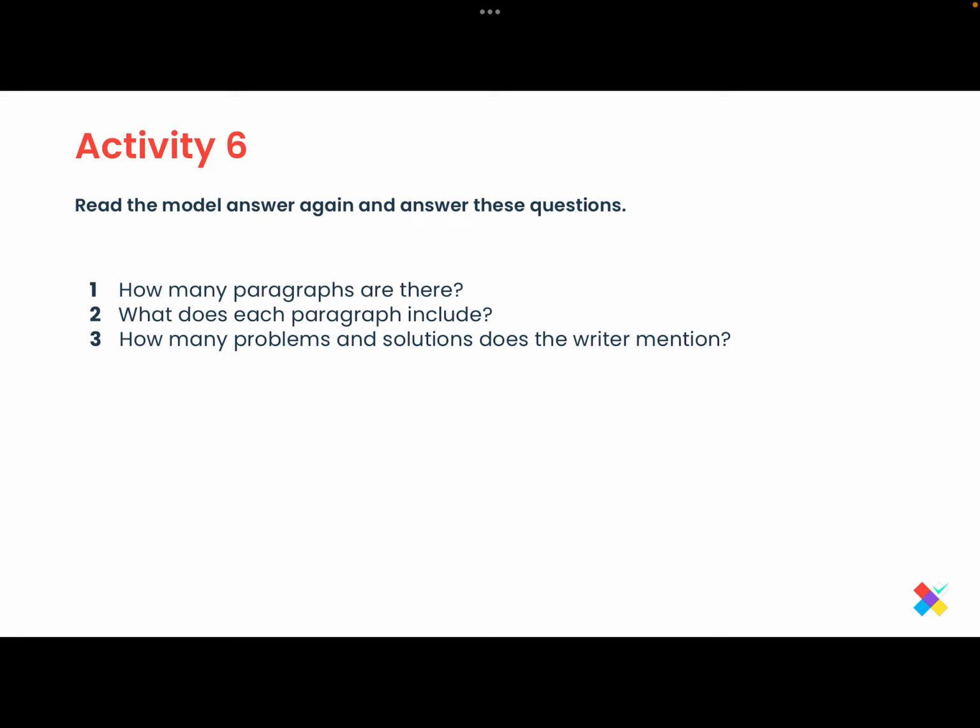How many paragraphs are there? What does each paragraph include? How many problems and solutions does the writer mention? Again, I'm going to give you 2 minutes to do this one. And then we're going to focus on the actual part of planning the essay.